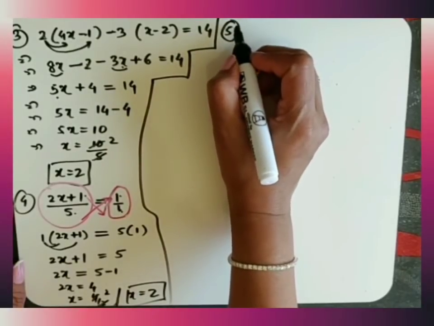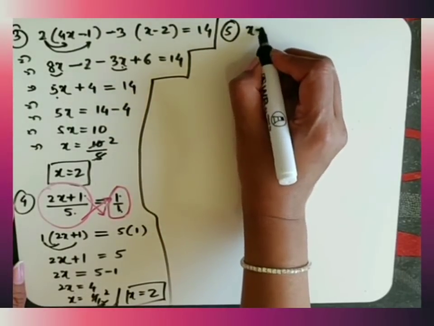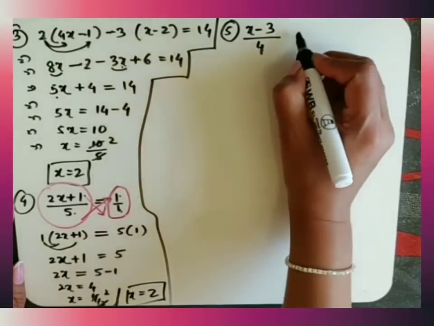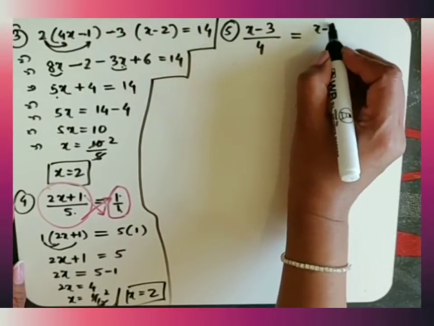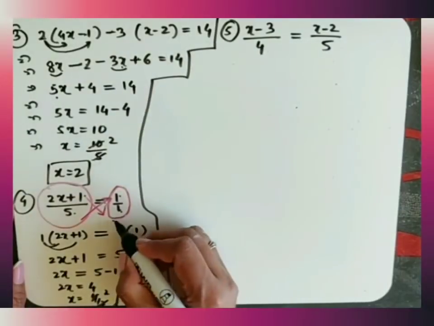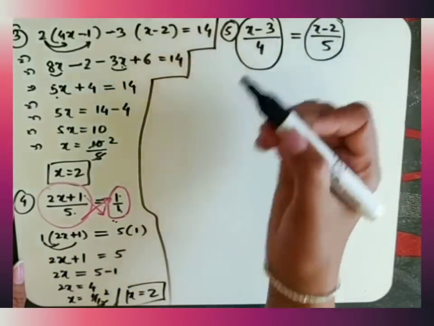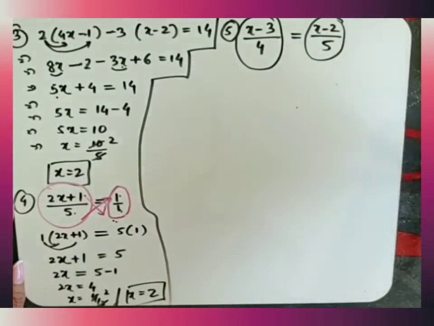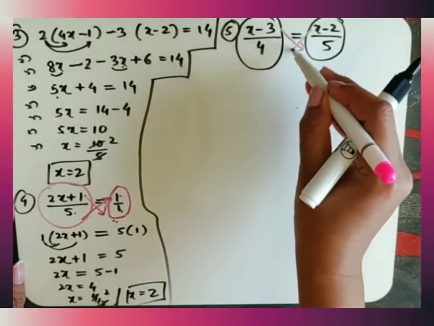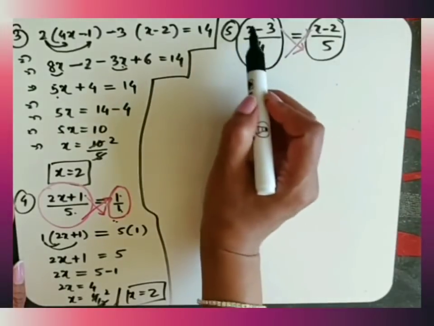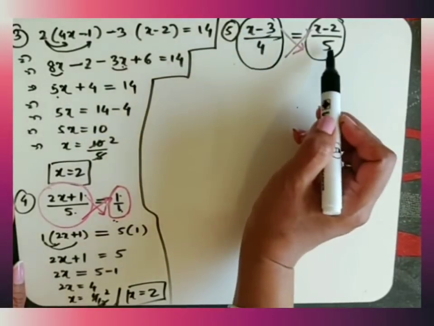I'm going to take x minus 3 over 4 equal to x minus 2 over 5. As I explained here, there is one fraction on this side, one fraction on this side, nothing else to do. Our rule is cross multiply. So this whole x minus 3 will multiply by 5.